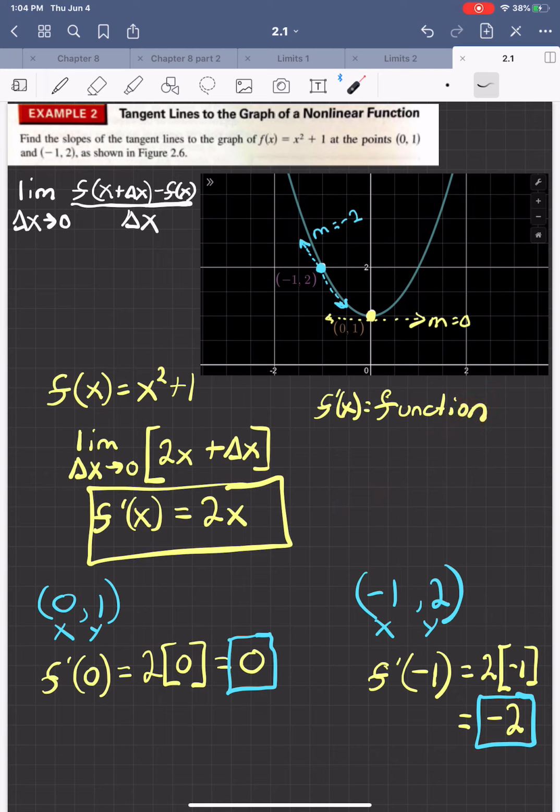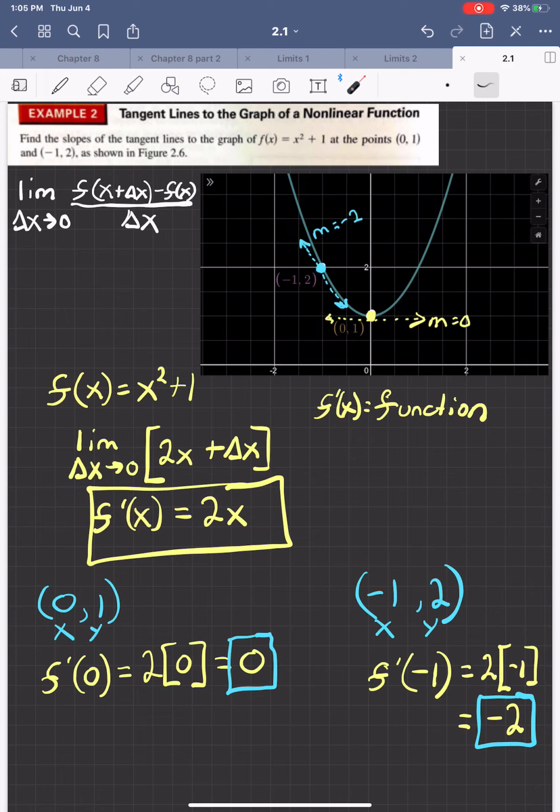But if you want to know the slopes of curves, in essence if you have some type of curvature, it's a little different than just finding the slope between 2 points.